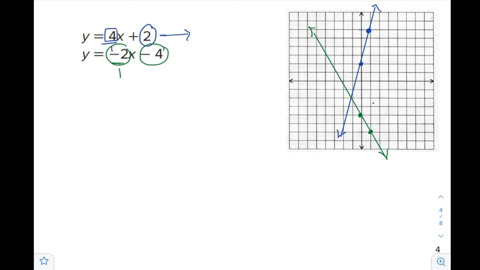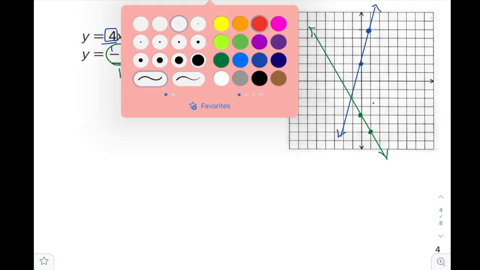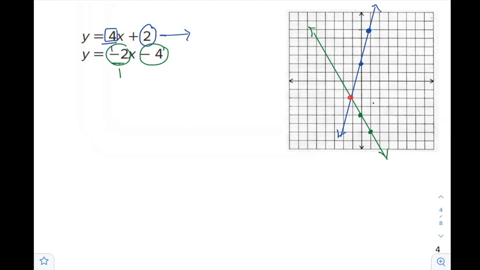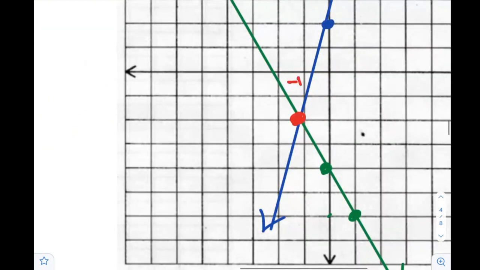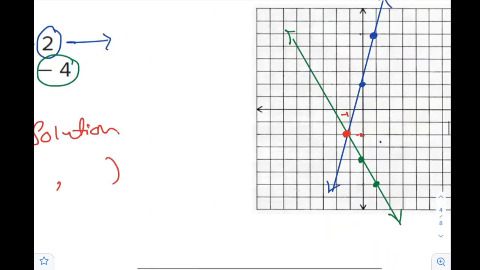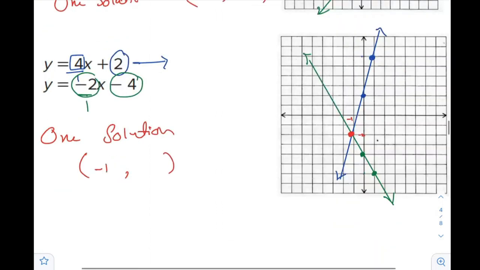Match. And as we have expected, there is one solution. And this solution has coordinates minus 1 paired with minus 2. So we will write the solution.